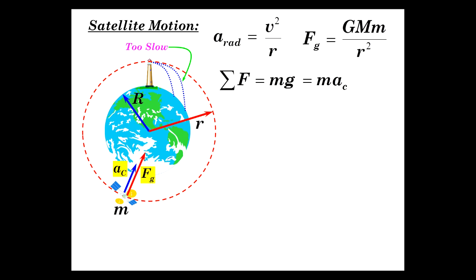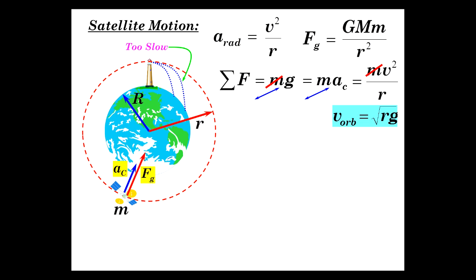That equals m a sub c, the centripetal force, which by definition is mv squared over r. We can cancel the m's out, and with these two terms we solve for v orbit.